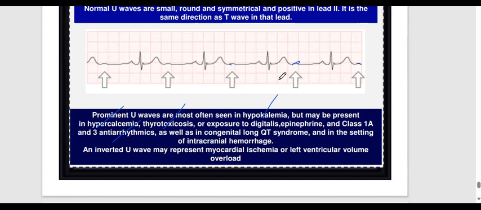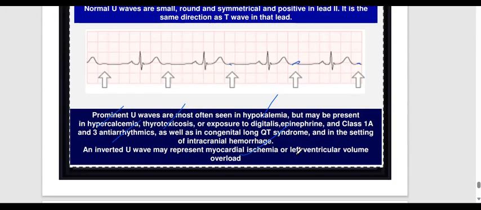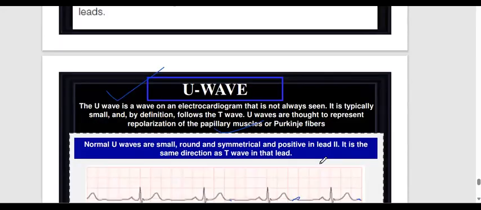Also in some cases like ischemic heart diseases, meaning diseases of the arteries in the heart. If there is a large amount of blood in the left ventricle, you will also be able to see the U wave. So in some cases only we will be able to see the U wave.